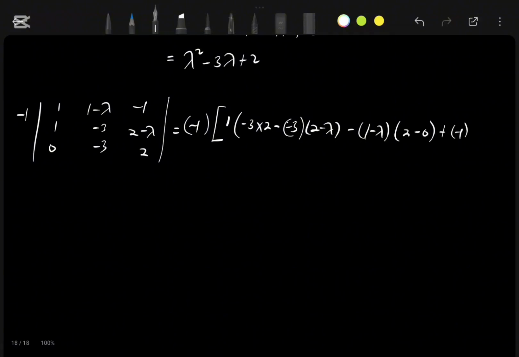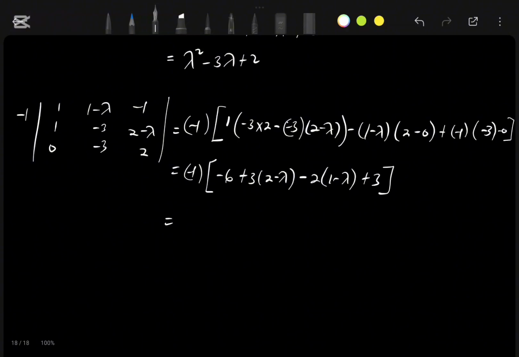Plus minus 1 into bracket minus 3. The other part is 0. I close the bracket. This is minus 1. There's a bracket here. So we have minus 6 plus 3 into bracket 2 minus lambda and minus 2 into bracket 1 minus lambda plus 3.